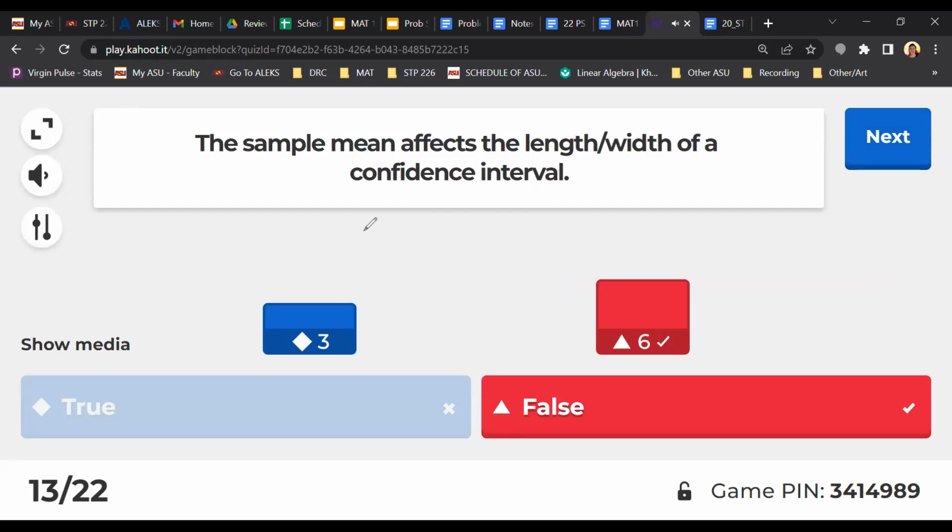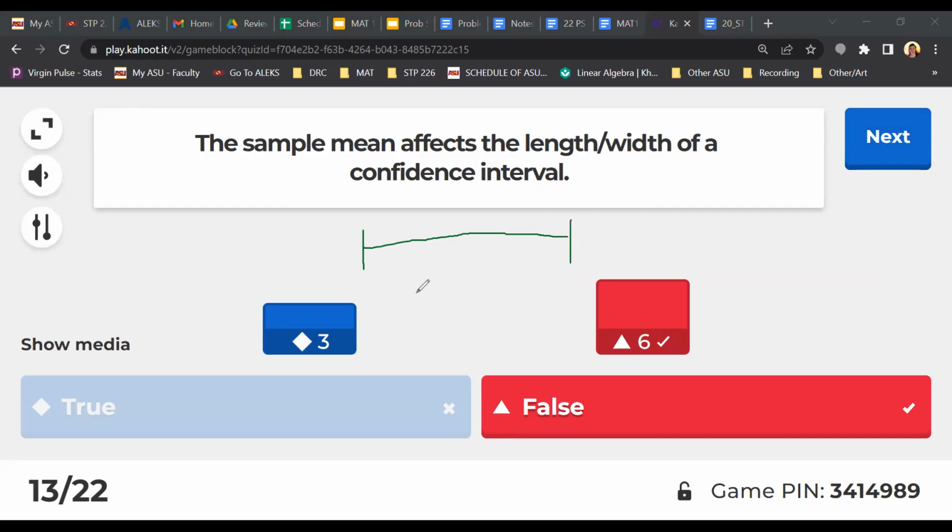So thinking about a confidence interval here, our width is determined by our z-score, which is from our confidence level, which is then multiplied by the standard deviation divided by the square root of the sample size. So the three things that can affect the width of an interval are confidence level, sample size.